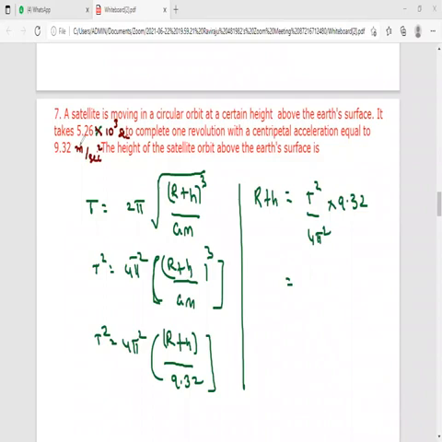You have to substitute the value here: 5.26 into 10 cube whole square by 4 pi square, where pi square can be taken as nearly 10, so 4 pi square will be 40, into 9.3. You have to solve this relation and calculate this.